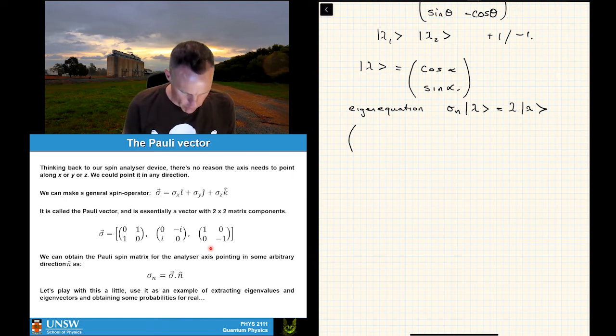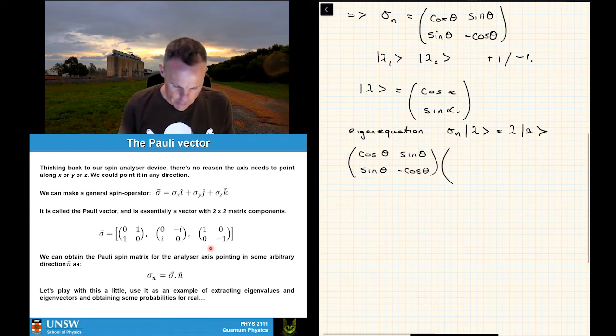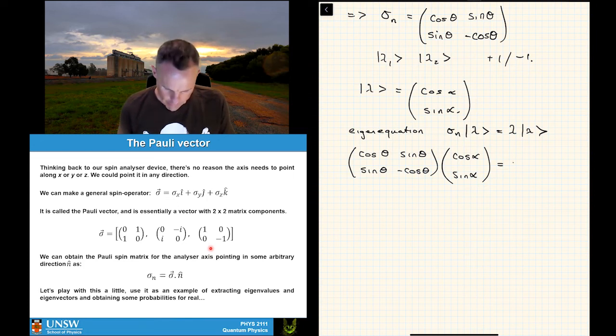So let's do that. We've got cos theta, sine theta, sine theta, minus cos theta, times cos alpha, sine alpha, equals lambda times cos alpha, sine alpha, like so.